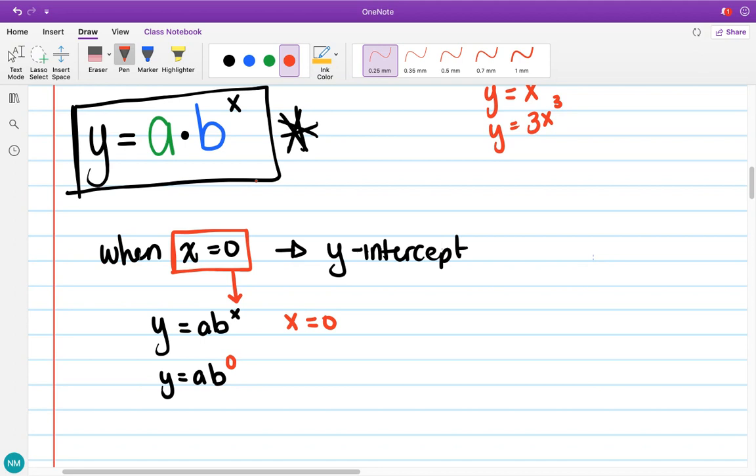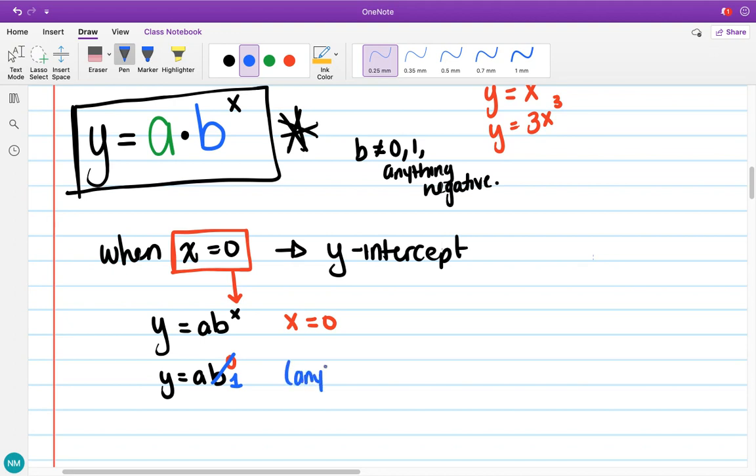Anything, and we've spoken about this in class, b to the 0 power. Well, we already know b is not 0. It can't be negative, it can't be 0, it can't be 1. I'll write that here: b cannot equal 0, 1, or anything negative. And we spoke about anything to the 0 power is equal to 1, right?